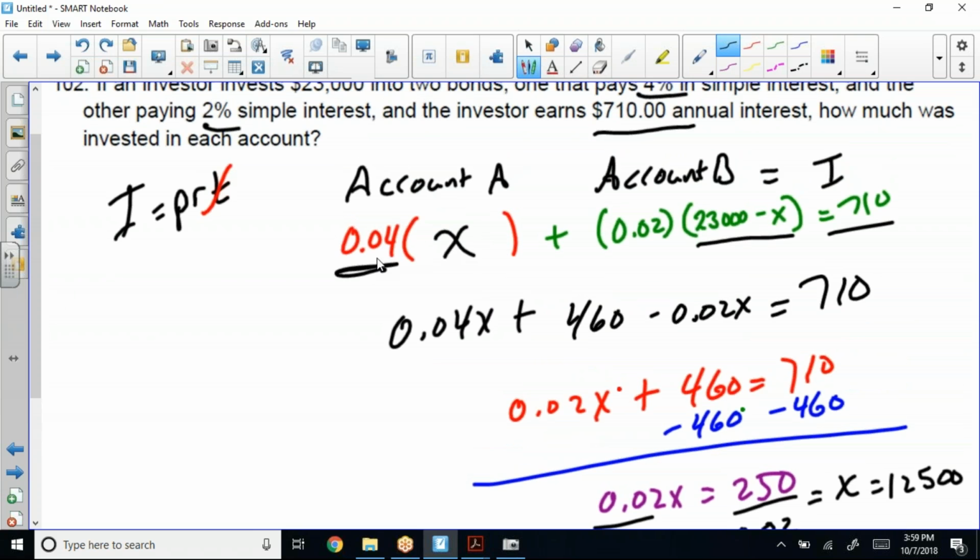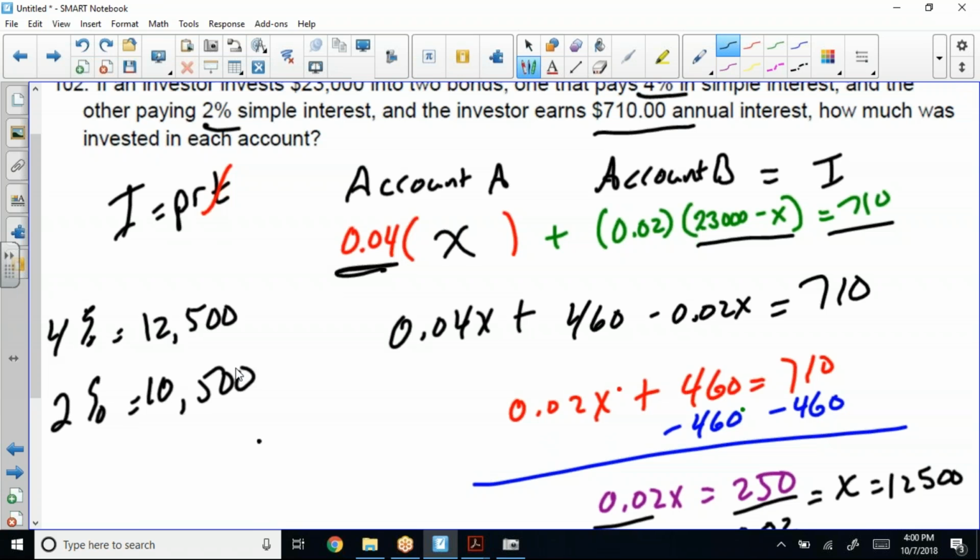So he put 12,500 in the one at 4%. And then if we want to know how much he put in account B, it'd be 23,000 minus 12,500, which gives me 10,500.